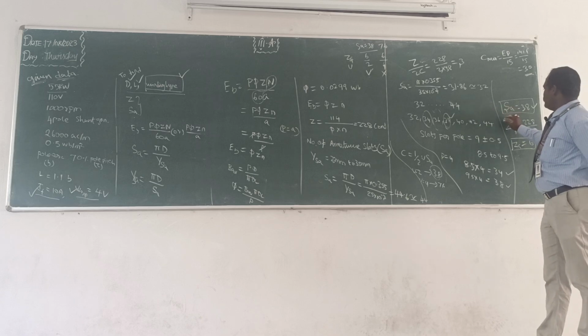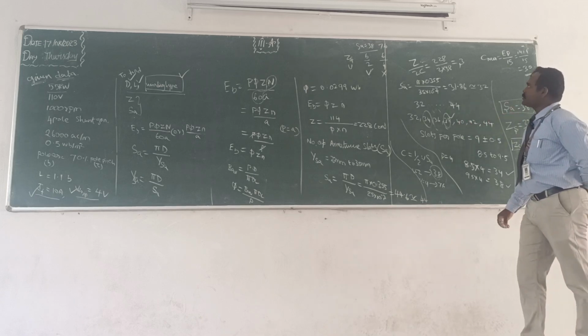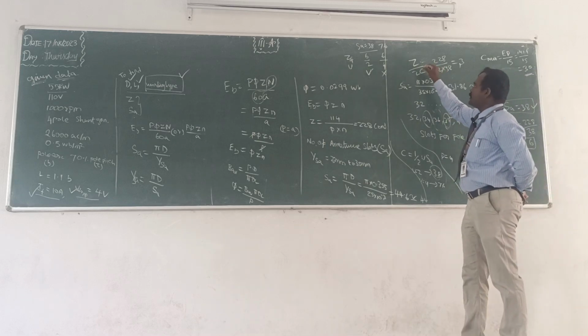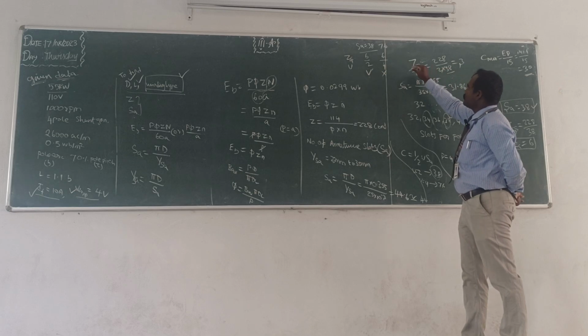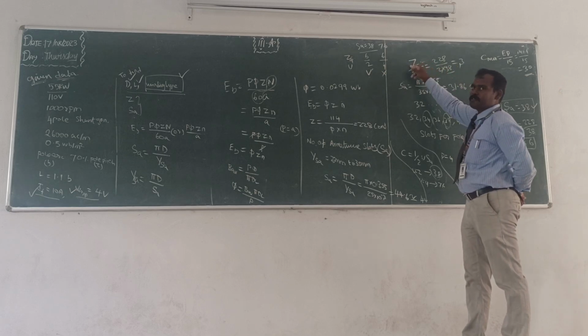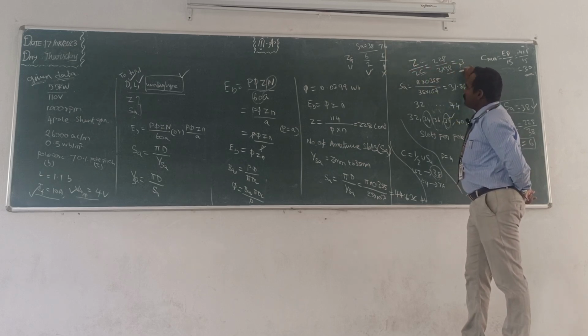Then we can find another thing, the number of coils per turn, that is Z divided by 2C. Here the C value is 38, which we fixed, and we know the Z value, so the minimum number of coils per turn is 3.